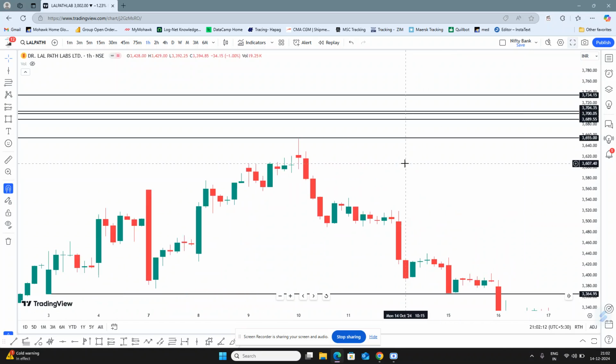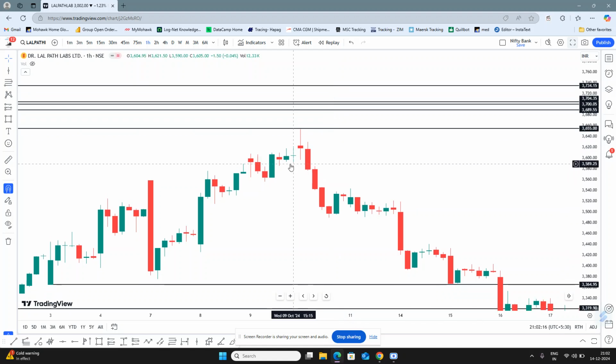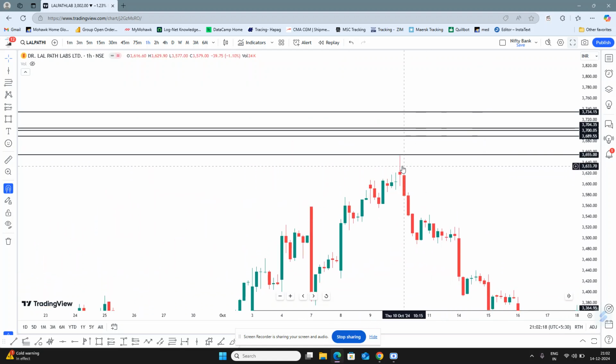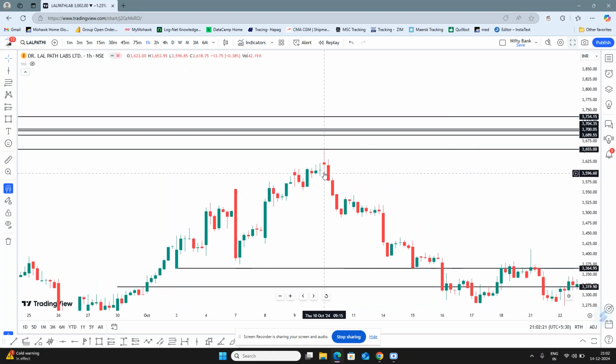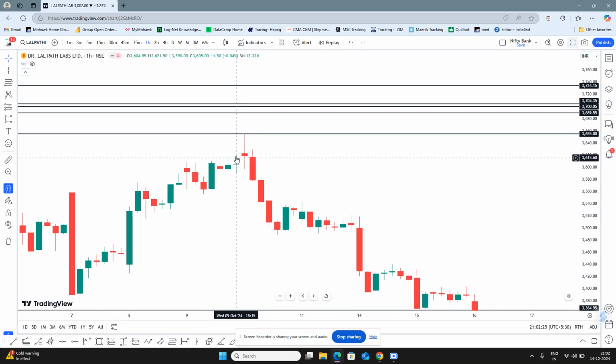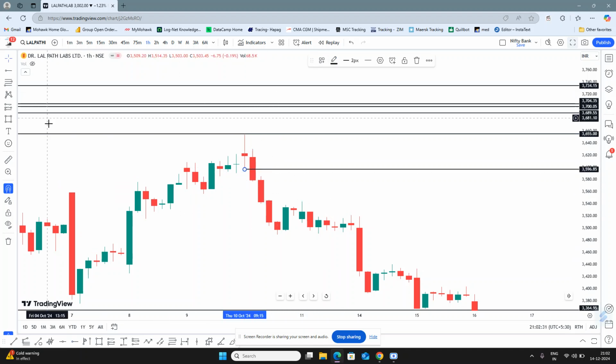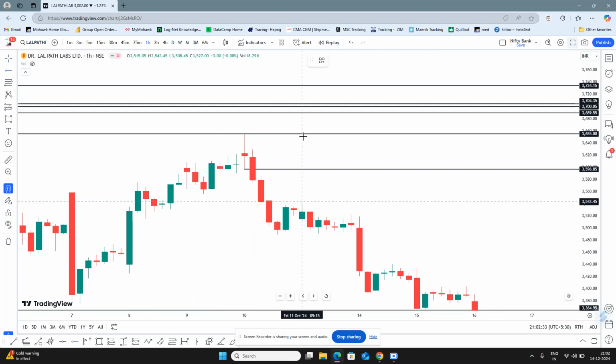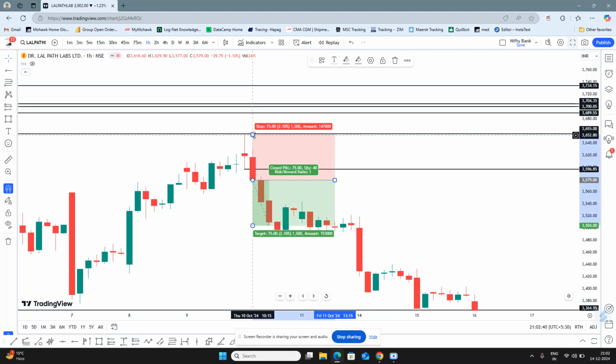On this particular day, in the opening only, prices touched this and they tried to make this candle. This is the candle with a buy side, right? And it broke the low of this candle. So what I can do is, the moment the low is broken on the 1 hour candle, I can initiate my trade.